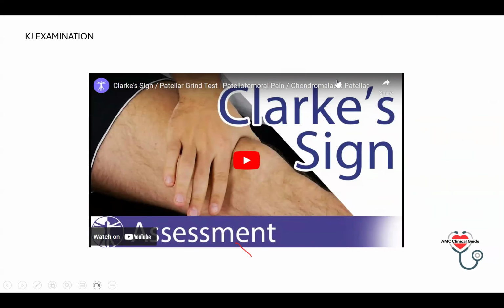So the next test is called Clarke's test. This is where you press on the patella superiorly, press downwards as well as towards the patient's feet, and then you ask the patient to squeeze the thigh muscles, that is, to contract the quadriceps, as if you are straightening your knee joint.